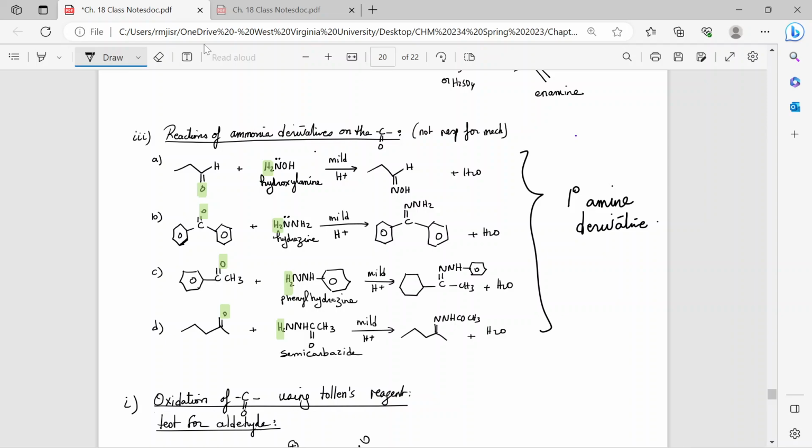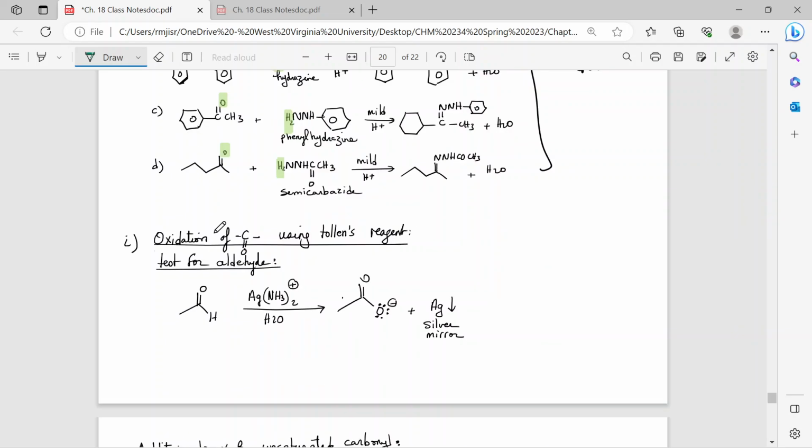You are not responsible for the mechanism of this reaction, although it goes exactly the same as the primary amine mechanism, but I'm not going to ask you about it. So since each one of those are derivatives of primary amine, they do have two hydrogens in there. So all you need to do is take the two hydrogens and the oxygen, combine everything together, and your product is always going to be an amine.